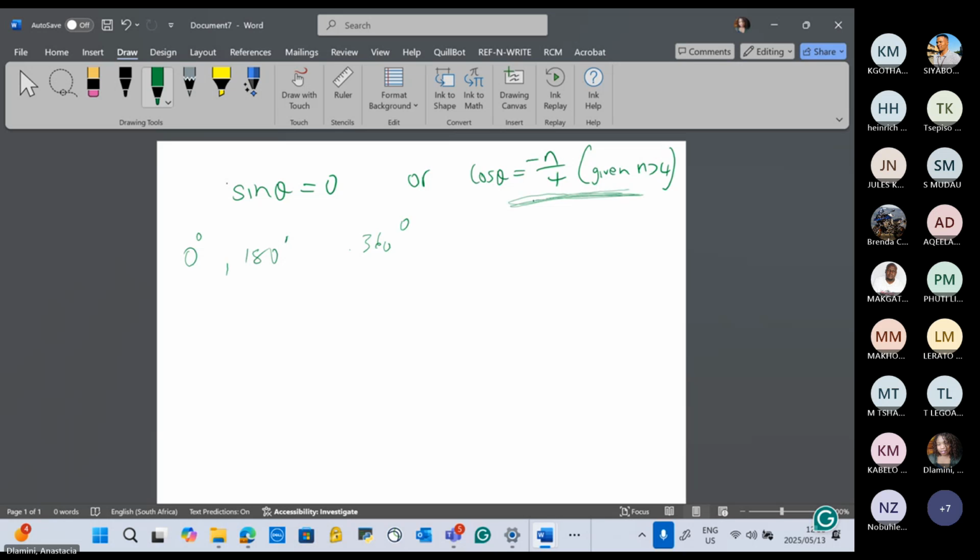What would it be? It's important we understand the question. The theta values for those ones? Okay, let's continue with this one.